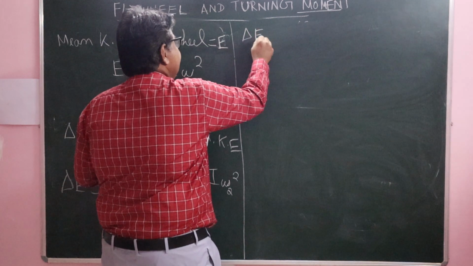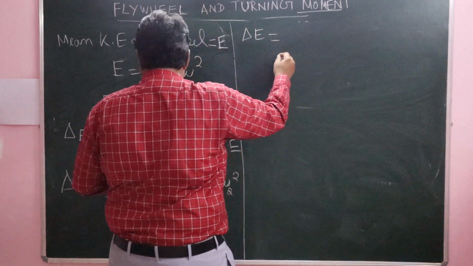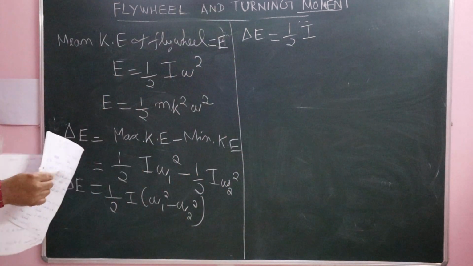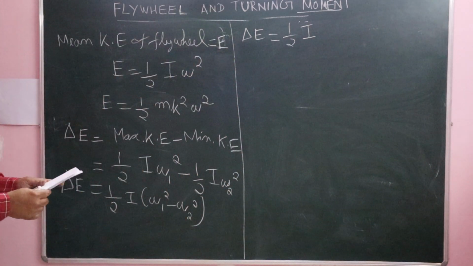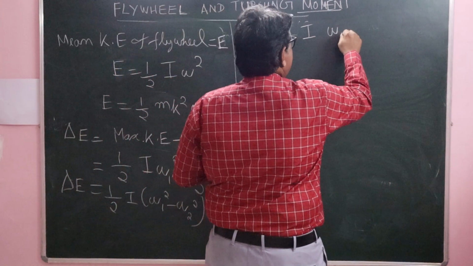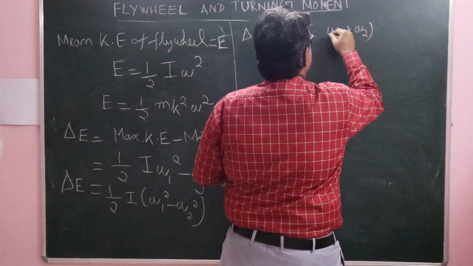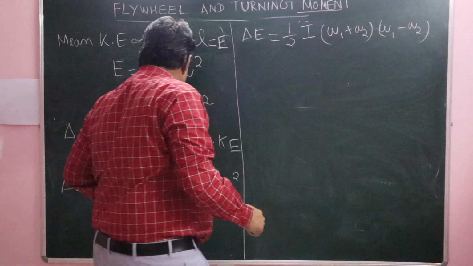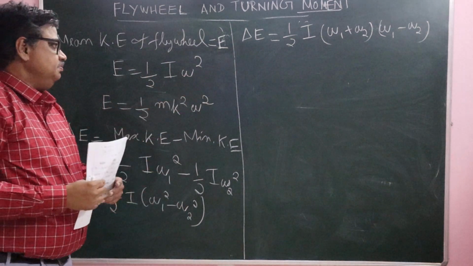Therefore, maximum fluctuation of energy delta E is equal to half I into omega 1 plus omega 2 into omega 1 minus omega 2, since a square minus b square is a plus b into a minus b.